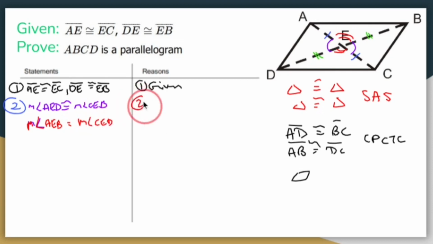And this is the definition of vertical angles. Now that I said that, I have a side angle side matches up with a side angle side.